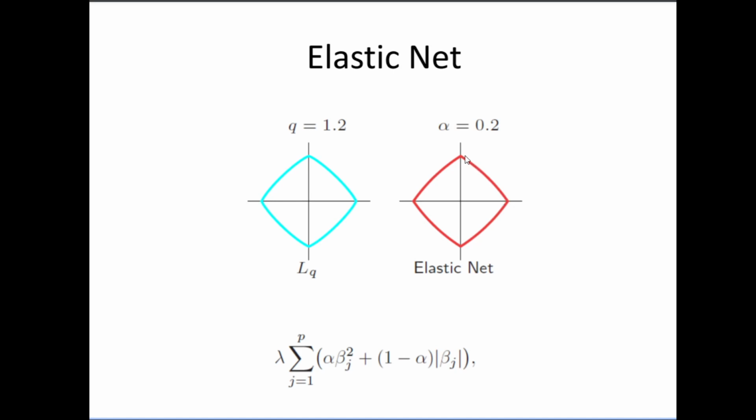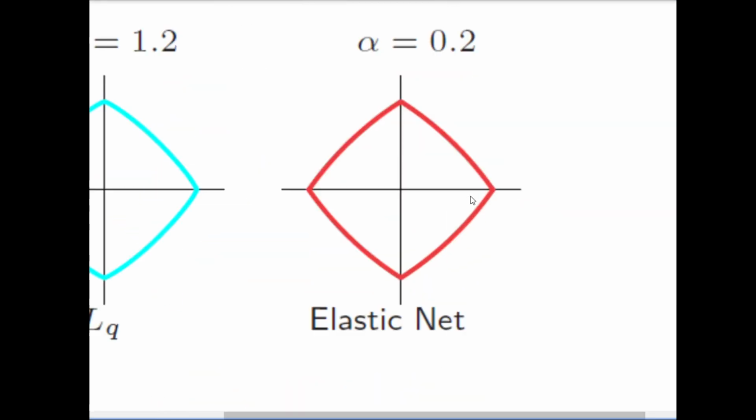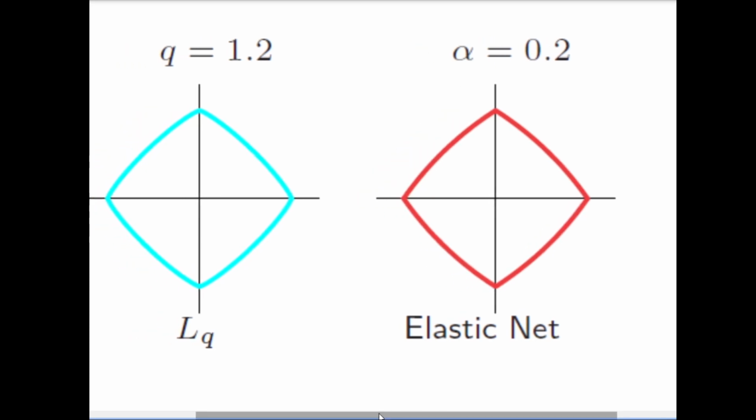Look at this point and look at this point. This has a smooth decline, but this has a bit sharp decline. Quite difficult to see visually. Let me zoom a bit.